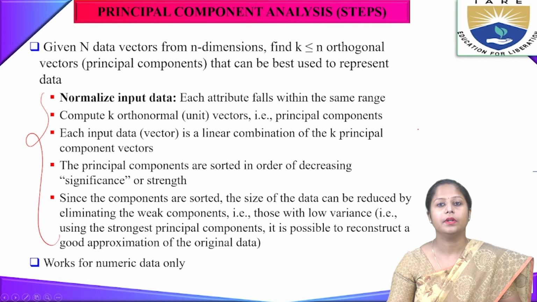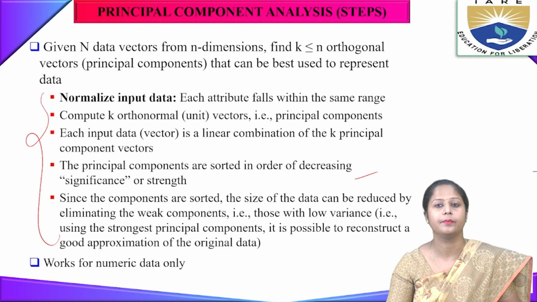After that, we have to input that vector or data, because that is a linear combination of the k principal component vectors. So the principal components are stored in order of decreasing significance, or strength.